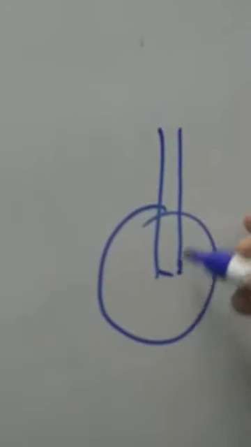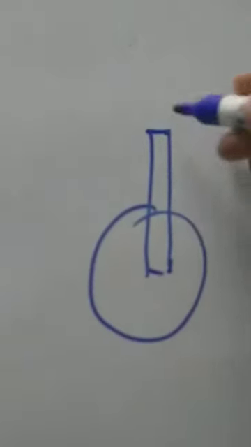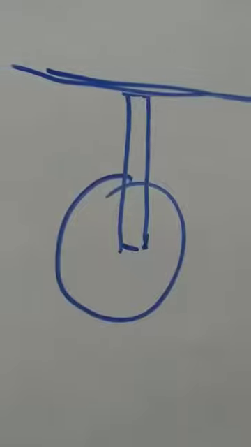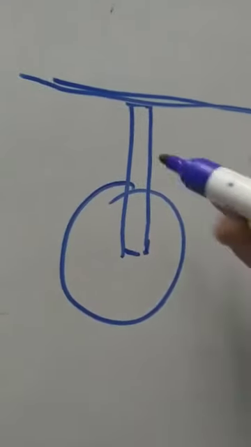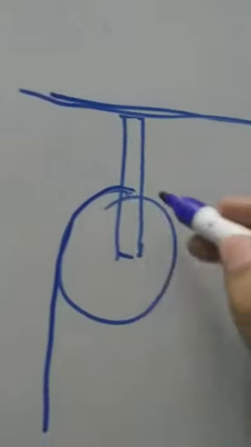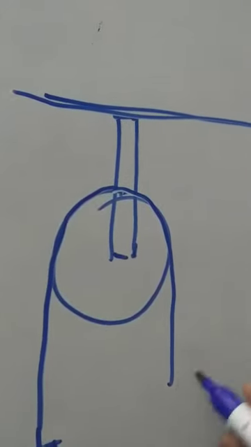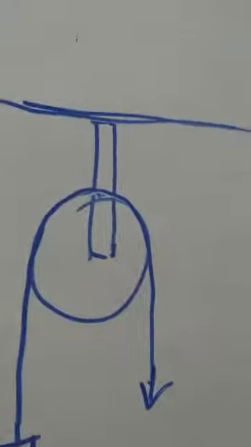is that pulley which has its axis of rotation stationary, and it is called single fixed pulley. So here the axle is fixed, so it is not moving with the load. Then a string passes over this pulley, and at one end the load is kept, and at the other end we apply the effort.